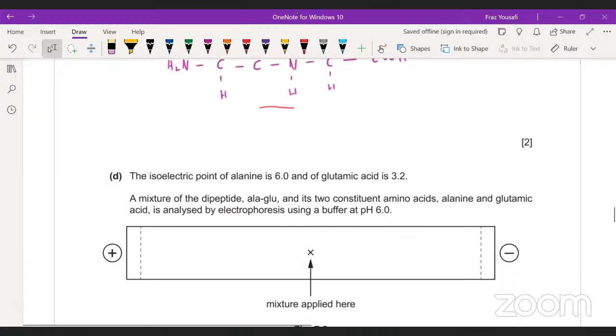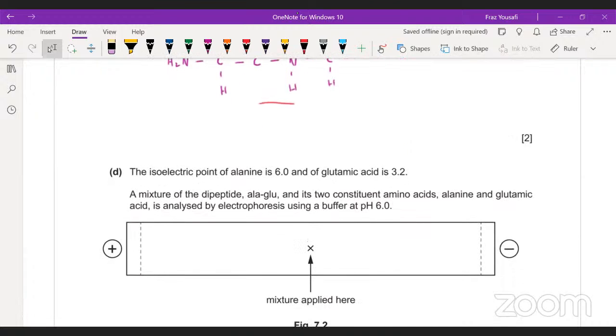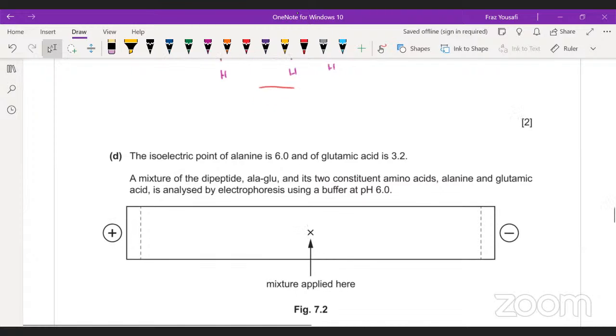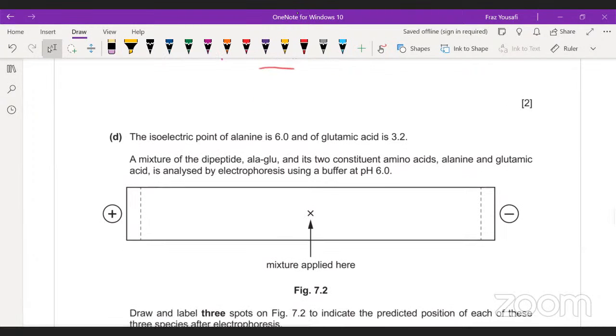Okay? All right. Isoelectric point of alanine is 6.0. Glutamic acid, it says, is 3.2. So a mixture of dipeptide, alanine, glutamic acid, and its two constituent amino acids is analyzed by electrophoresis using a buffer of pH 6.0.